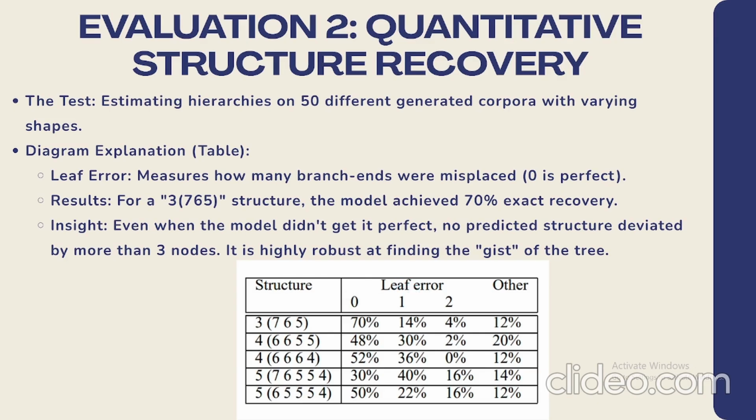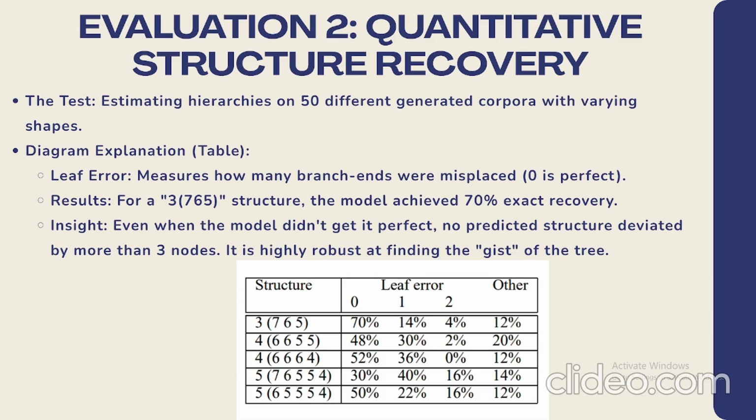But our model performs really well even if the trees have varying shapes. Quantitatively the model achieves 70% of exact recovery even for complex structure.